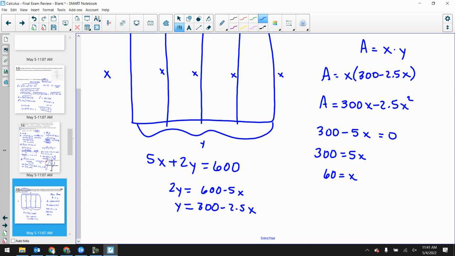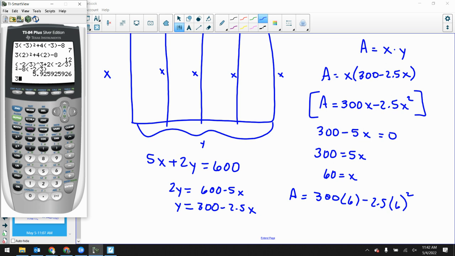What is the largest possible total area? I can just plug it back into this equation. Area is equal to 300 times 60 minus 2.5 times 60 squared. I don't even need to find y.